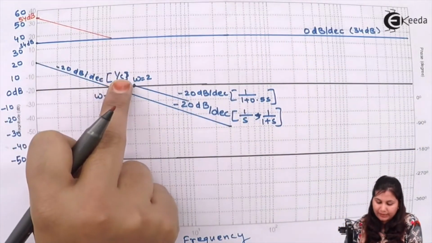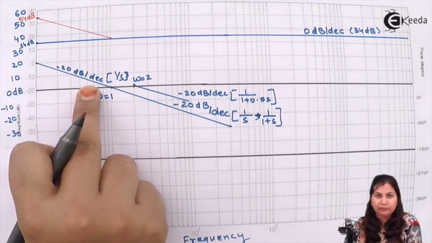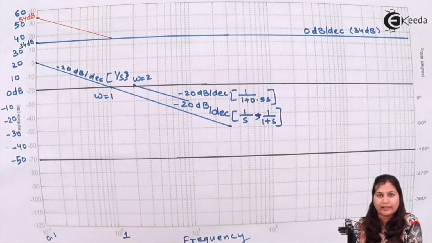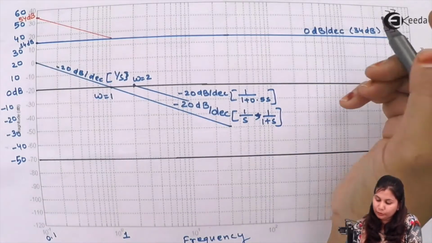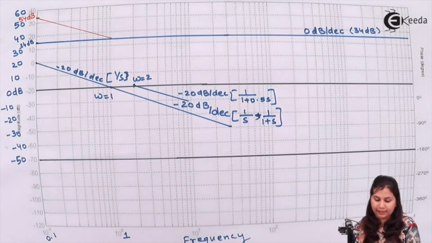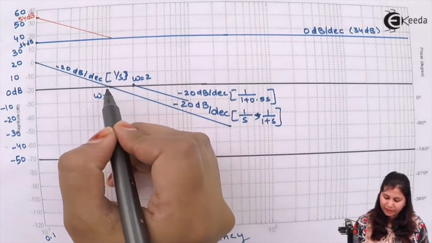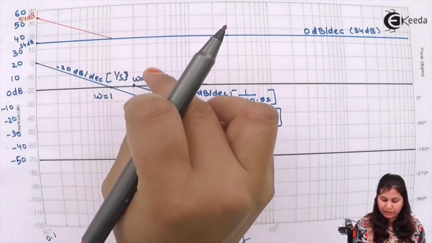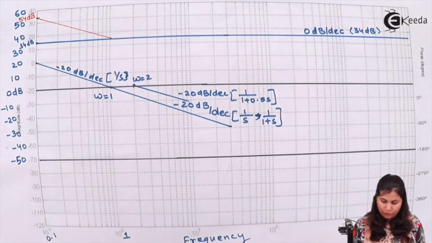Due to this 1 by s, the slope is minus 20 dB per decade. Due to this 1 upon 1 plus s, the slope is minus 20 dB per decade. And due to this constant term, the slope is 0 dBs. So these three slopes are going to add up like 0, minus 20, minus 20. So the total slope will be minus 40 dBs per decade. So between omega equals to 1 to omega equals to 2, the slope will be minus 40 dBs per decade.